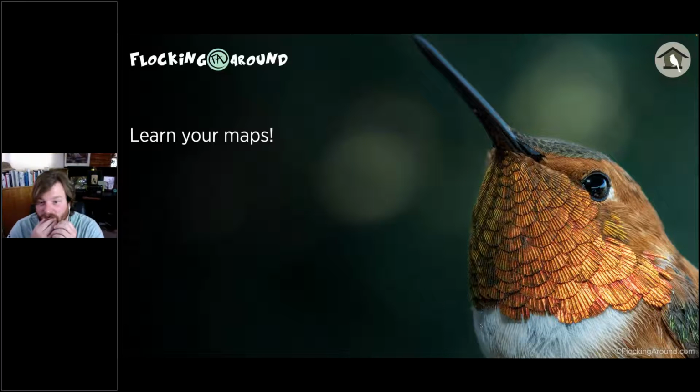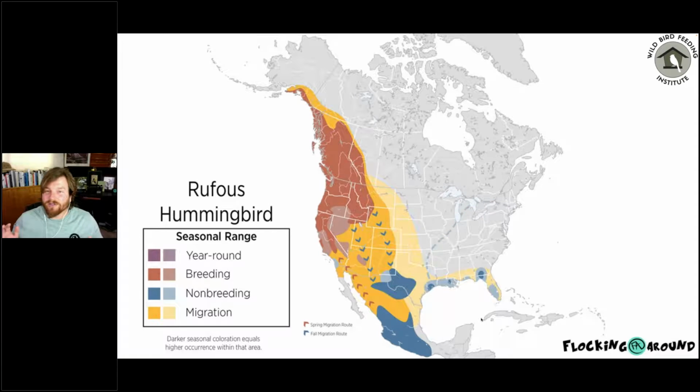Now, the rufous hummingbird is an interesting one because some parts of the country only see rufous hummingbirds for one season, instead of a spring migration and a fall migration, or maybe you get them in summer or winter. They're very different. Rufous hummingbirds in the spring actually migrate north along the Pacific coast.